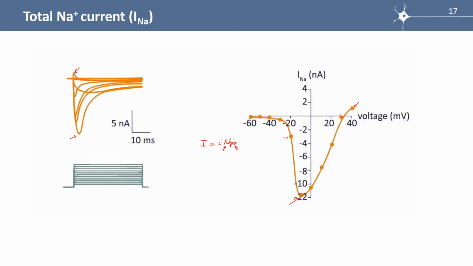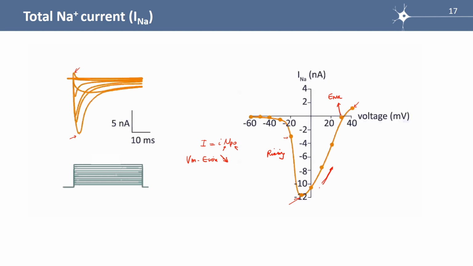So here in this first part that we call the rising phase, there are two opposing forces. One is the driving force, which decreases as we depolarize the membrane because we go closer to the reversal potential, the equilibrium potential, which is here.